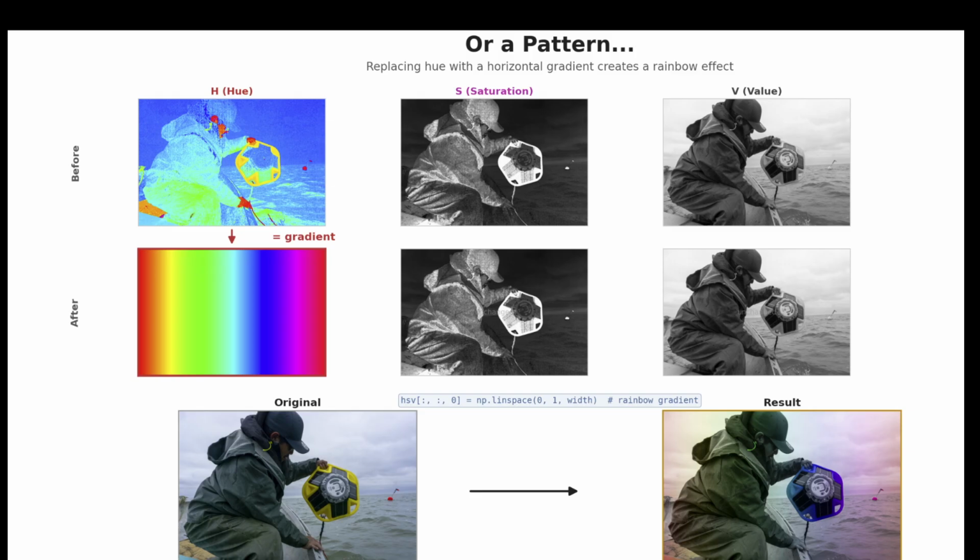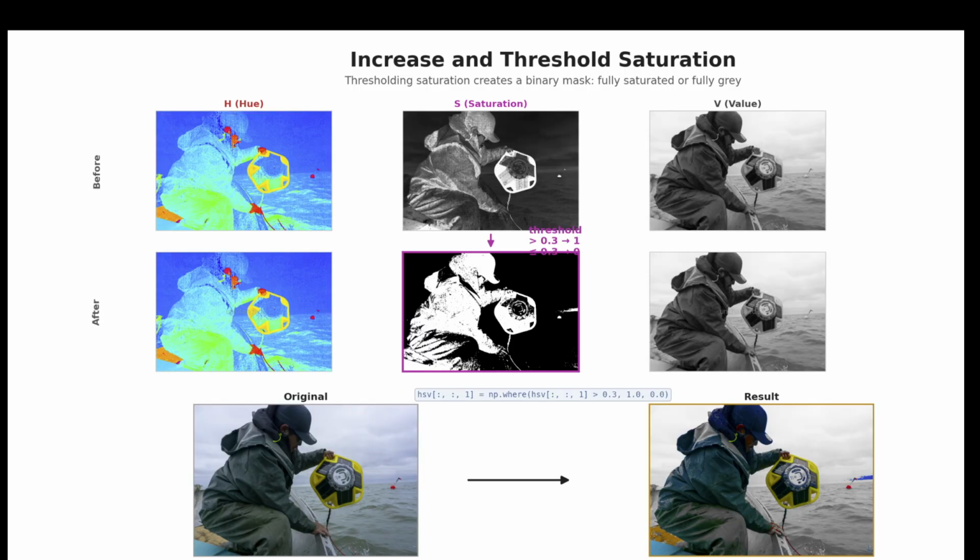All right, or a pattern like a rainbow, or if you wanted to put a pattern of stars, you could do that too. Multiply it out. You can also increase and threshold the saturation. So now we're not just increasing, we're having a very simple algorithm that says any value over 0.03 in that pixel, keep it, everything else get rid of it.